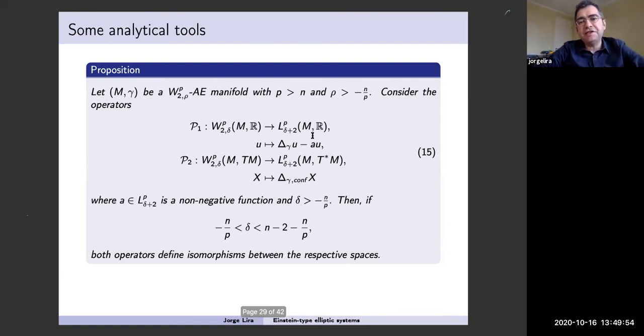So you have to consider this modification of the first operator, the operator that appears in the Hamiltonian constraint equation. So A has to be chosen in such a way that, of course, you can always find A that permits to have this isomorphism, this no kernel configuration.